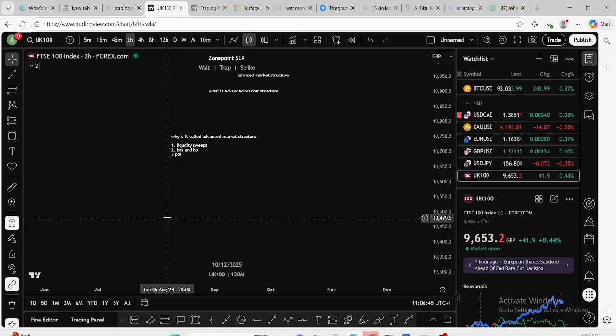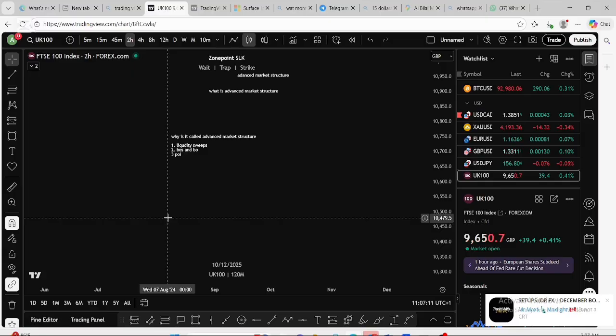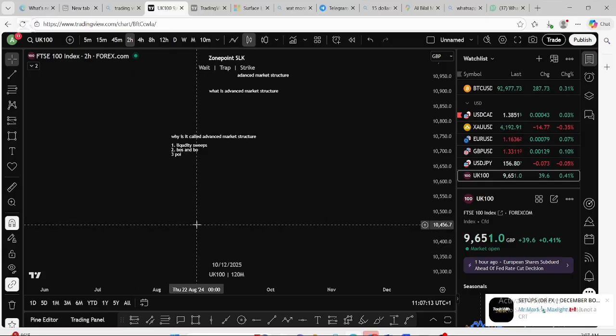That was supposed to be our next class, but it will be our next live. We'll start from continuation structure and reversal structure. From there, things will become more and more clear. This continuation and reversal structure will take us towards market cycle or ranging cycle.